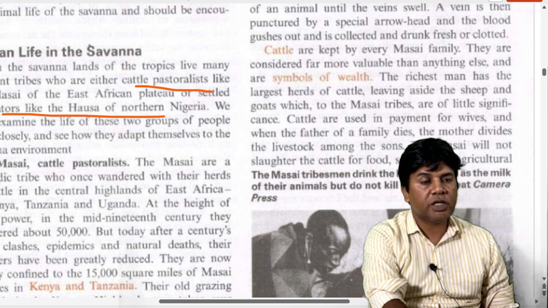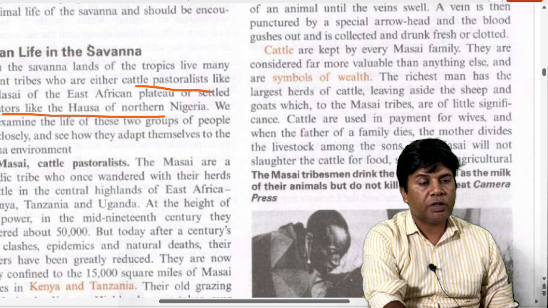These areas provide a great hope for the world, because if the population increases, these areas can be cultivated. So we shall examine the life of these two groups of people more closely and see how they adapt themselves to the savanna environment.